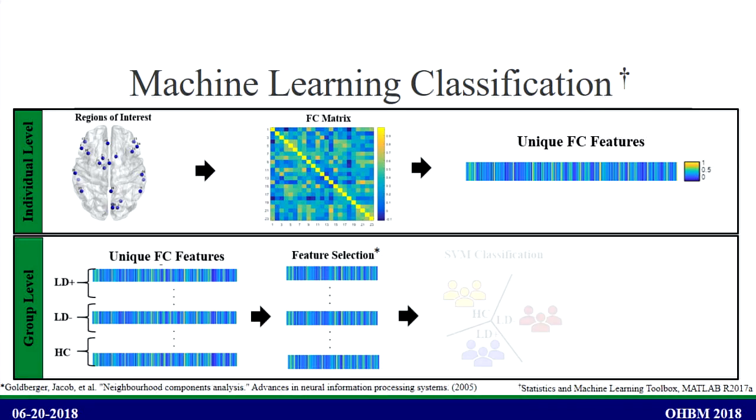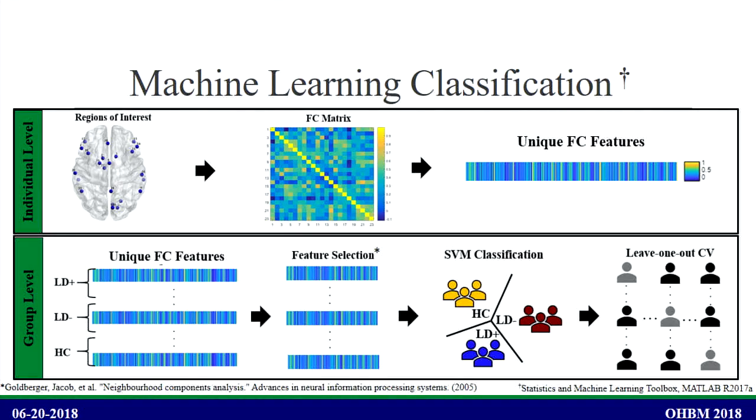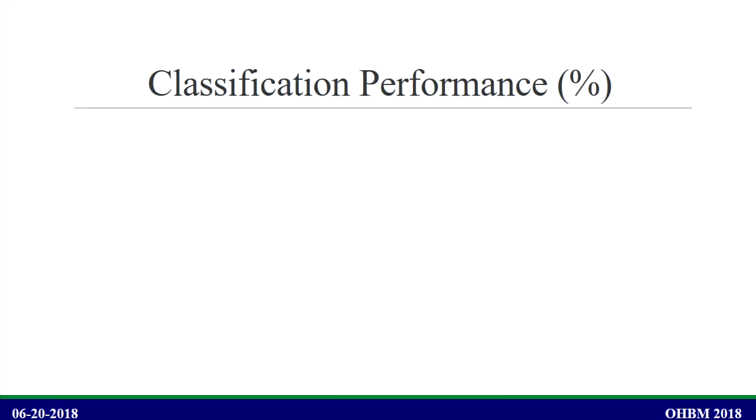And then we feed those selected features to a standard machine learning support vector machine classifier. And we validate the performance of the classifier using a leave one out approach. So based on this pipeline, we try to validate our results in a couple of different data sets.